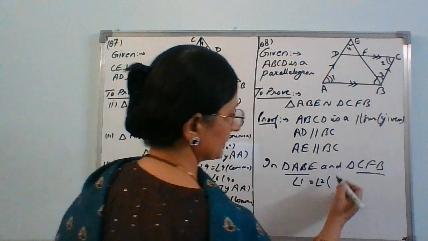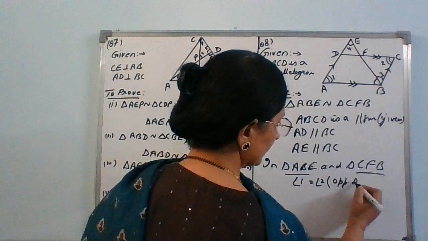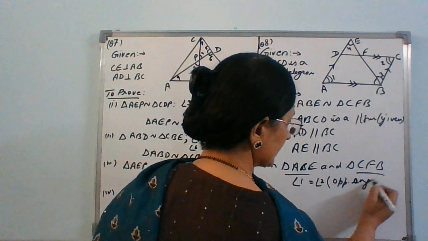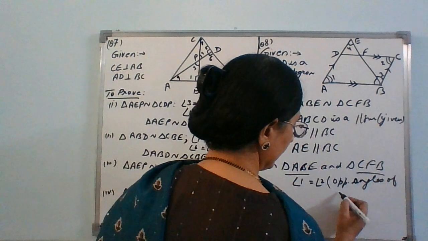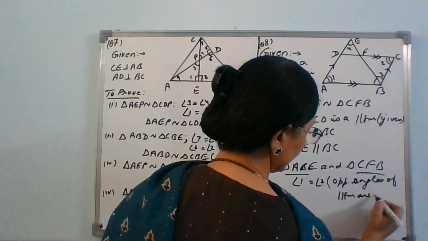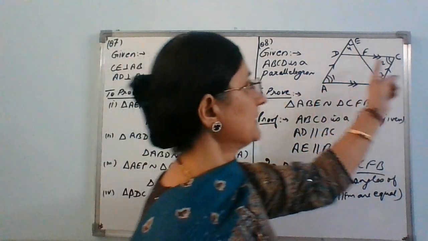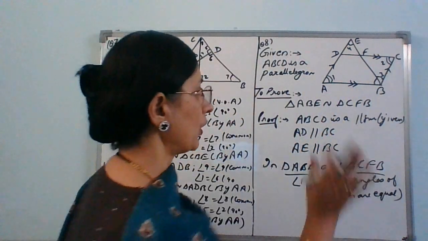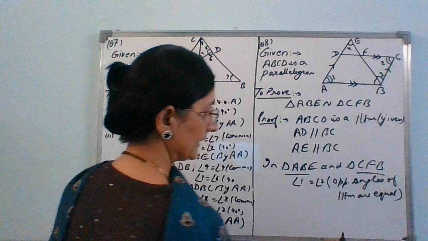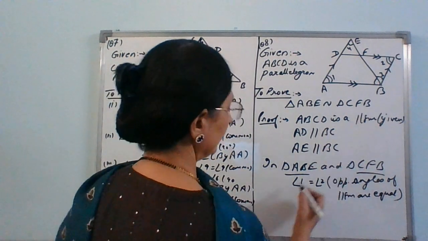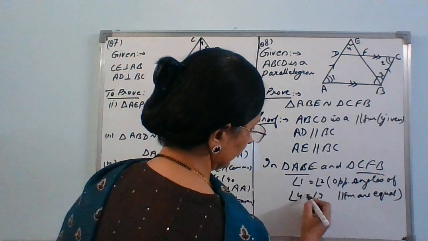That is given, also opposite angles of a parallelogram are equal. The opposite angles of a parallelogram are equal. So the opposite angles are 1 and 2. We have found one angle. The other angle is angle 4 and 3, right?